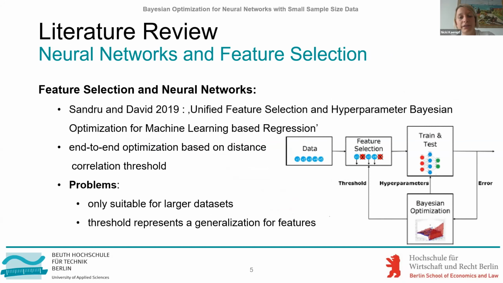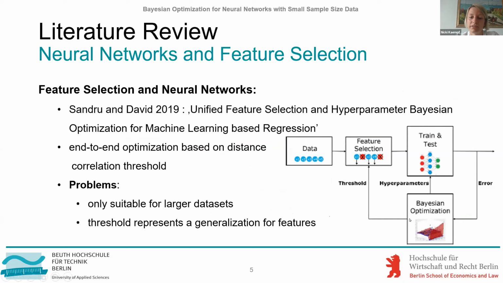Yeah, definitely, sure. In this approach of Sandro and David, they also want to tune the features to find the best subset of features. And they use this distance correlation. Before the analysis, they calculate the distance correlation of each feature individually with the target.